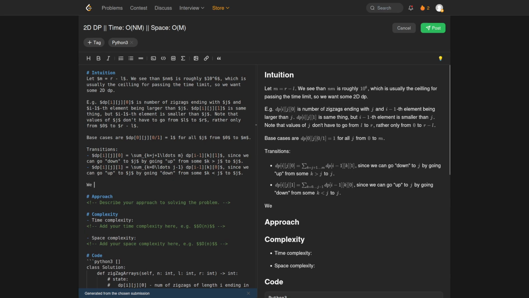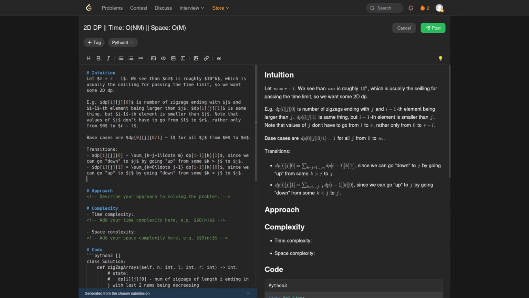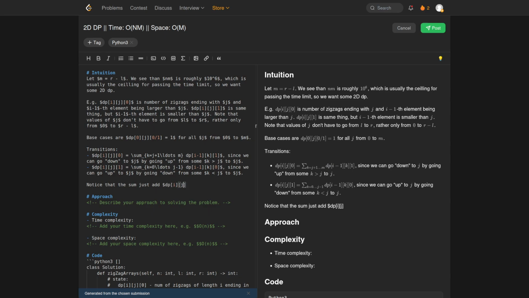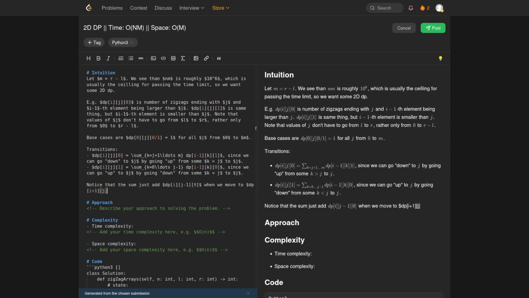Okay. Notice that the sum is just dp[i][k] or like dp[i][j minus 1][0] when we move to dp[i plus 1].